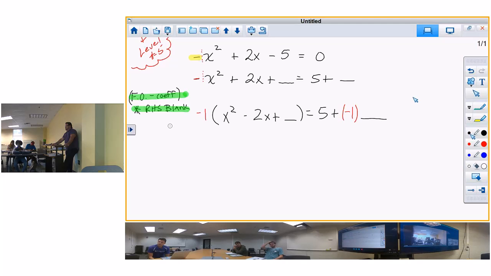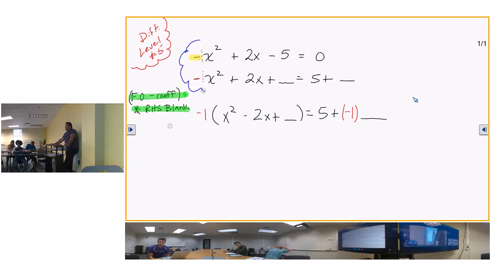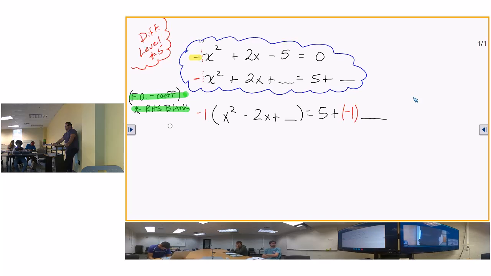In fact, if you want to, put a little note up here: you have to do this first, no matter what. Move C and add the blanks. Then, if there's a negative in front, that has to be addressed before you can complete the square.